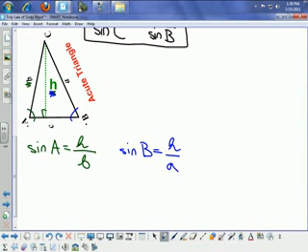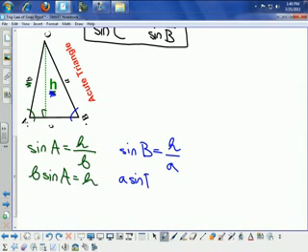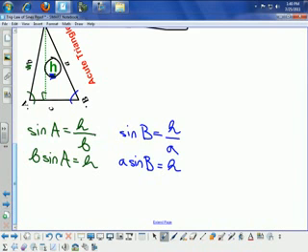Once again, we will multiply by our denominators. So on this side we get b sine of angle A equals the height. On the right-hand side we get a times sine of B equals the height. And once again, this height is the same length for both equations.